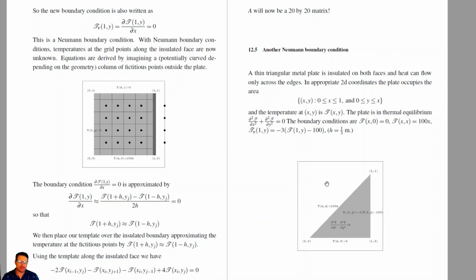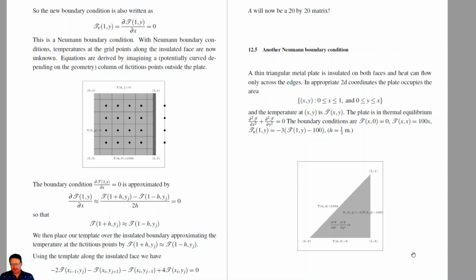All right, so now let's do another simple problem here with a triangular metal plate. All right, so a thin triangular metal plate is insulated on both faces. So it's front and back. So no heat flows through those, only heat flows across the edges.